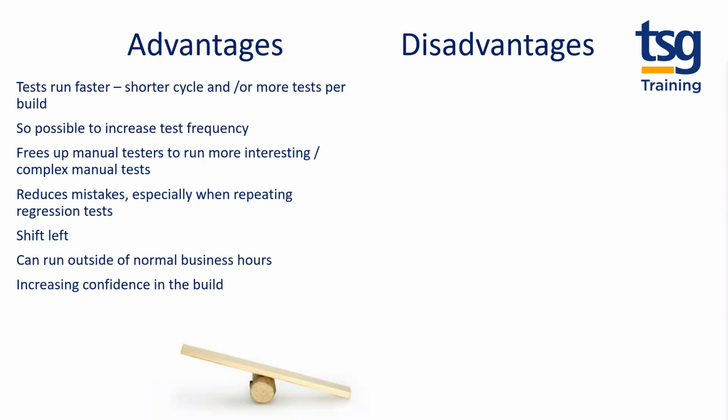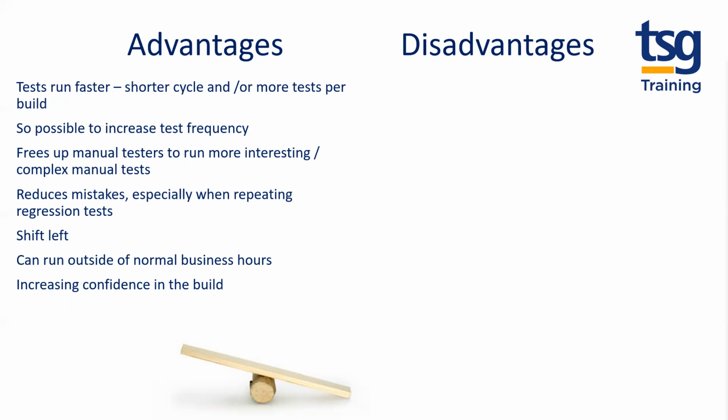And it increases the frequency that some tests can be run. And it frees up manual testers to run more interesting and complex manual tests, like exploratory tests. And it reduces mistakes, of course, by bored or maybe distracted manual testers, especially when repeating regression tests.